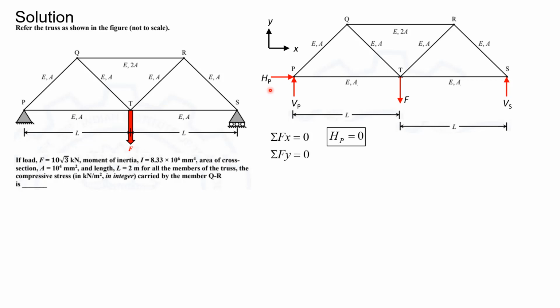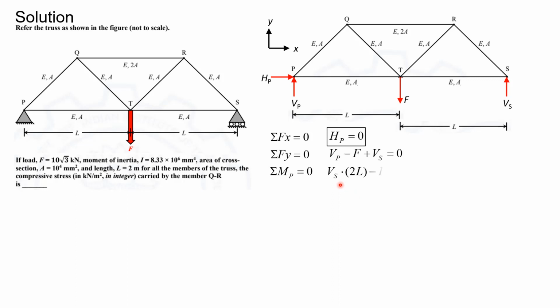Similarly, sigma Fy equal to 0 gives Vp minus F plus Vs equaling 0, which gives us Vp plus Vs equals F. And let us take moment about the joint P, where the contribution of Vs would be anti-clockwise and the contribution of F would be clockwise in nature. From this xy coordinate system, we can see that plus z is pointing out of the plane of the paper. Hence, anti-clockwise moments would be positive and clockwise moments would be negative.